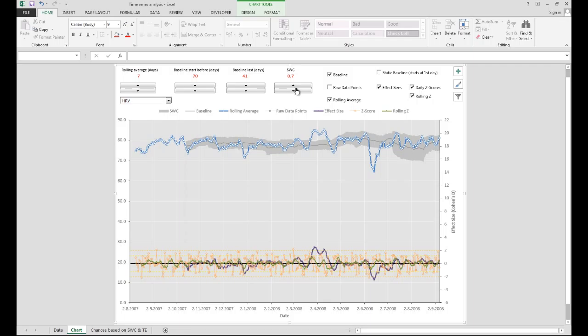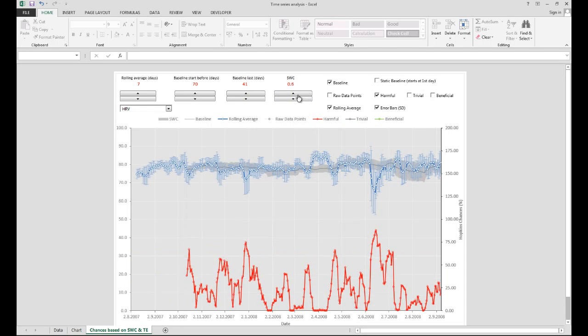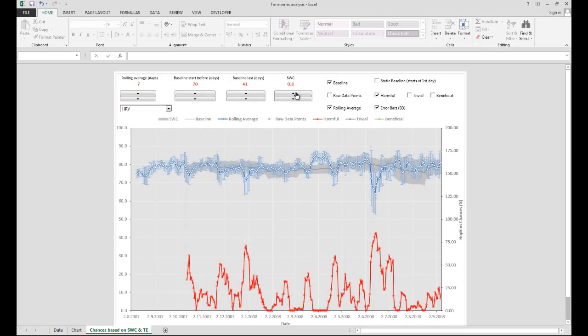I can play with this one. The bottom effect sizes and daily z-scores are not going to change with a change in the smallest profile change. In contrast, the chances are going to change.